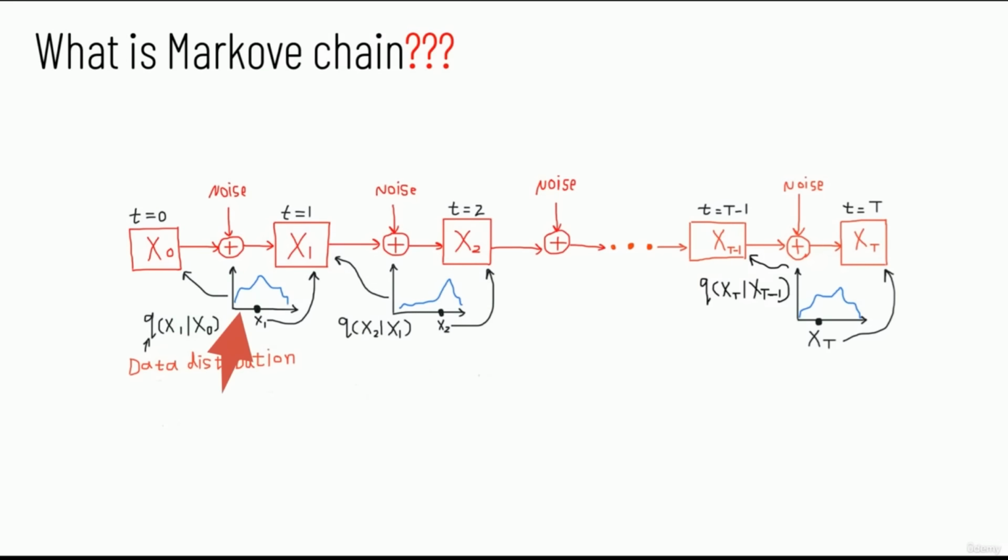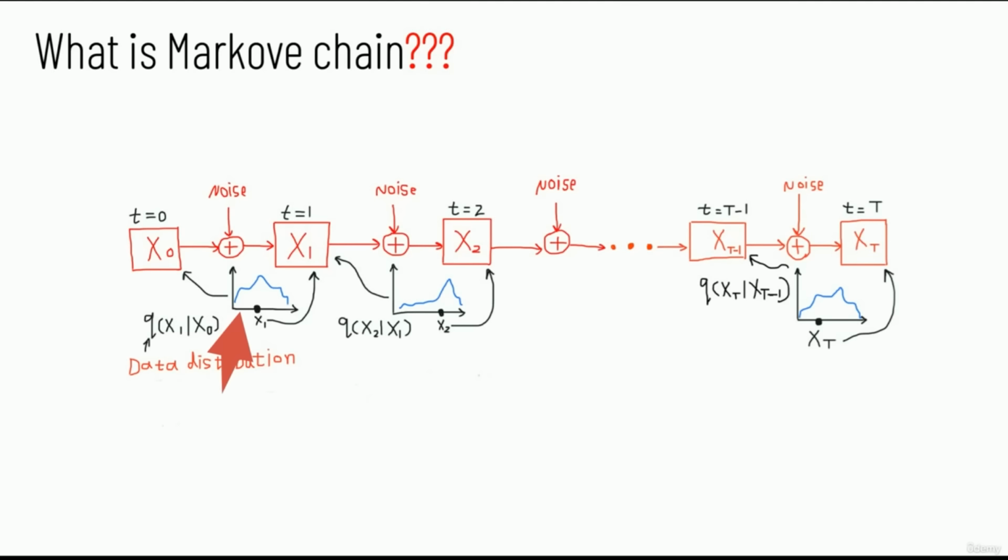So here we will get a distribution for all possible values for this x1 variable, or in other words, a distribution for all possible noisy images that we can get after adding Gaussian noise to x0. Each possible noisy image will have probability density in this probability distribution. Unlike what we said in Gaussian distribution, here the range of values with large area will have high probability to be selected.